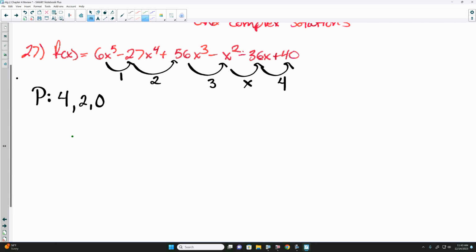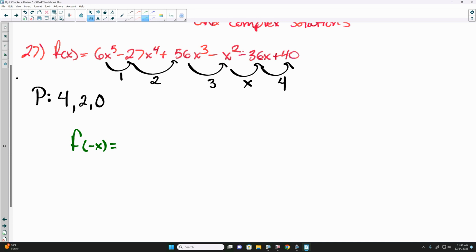For our negative case, f of negative x, the total process is plugging negative x in for every x in the entire equation. But at this point, what you really need to focus on is we're going to rewrite the equation. If the exponent is an odd number, change the sign in front of the variable.